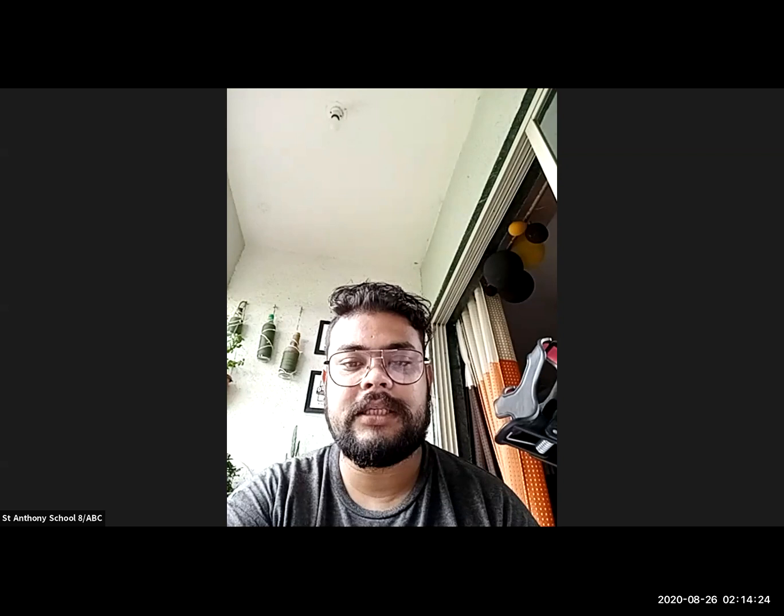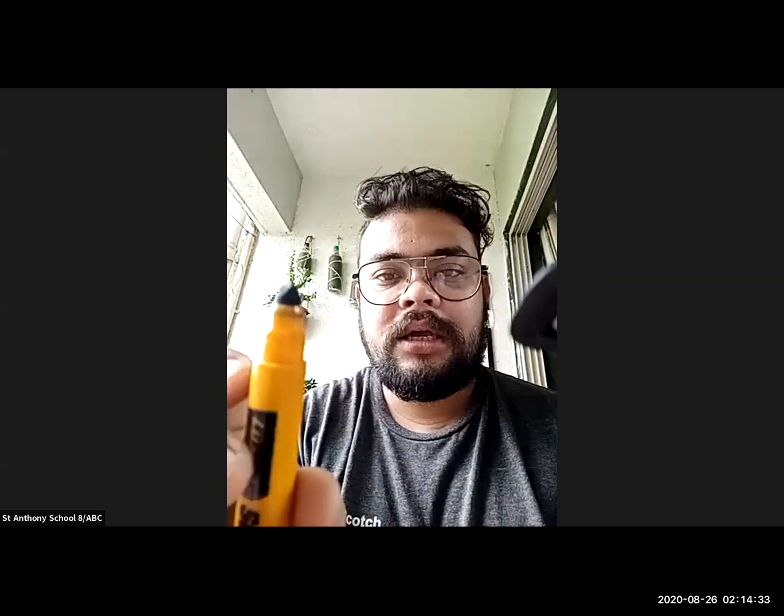And you can use this marker also. Okay, this is the marker which you can use. They already have the cuts. As you can see, they have a slanting cut, so it will be easier for you to do the calligraphy. Okay, this is the name of that marker. I'll just show you.